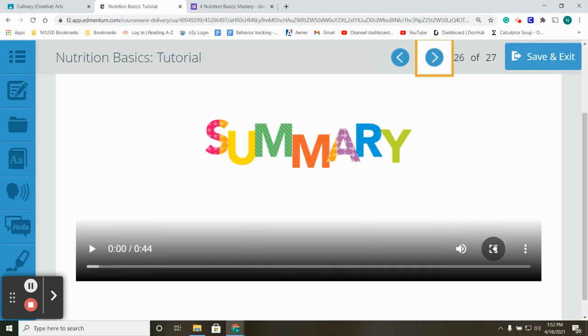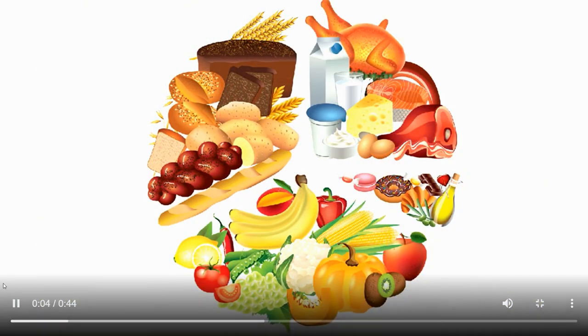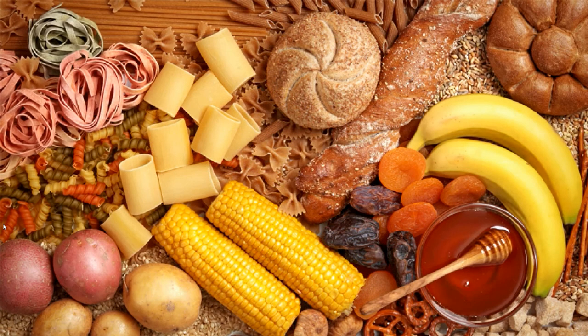Summary. In this lesson, you learned about the 6 essential nutrients. The 6 main nutrients include carbohydrates, fat, protein, vitamins, minerals, and water. Carbohydrates include simple sugars and complex starches and fiber.